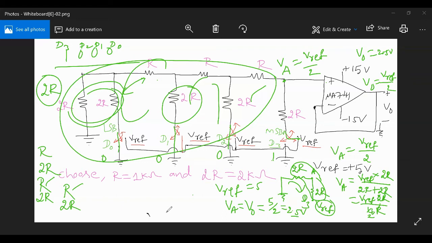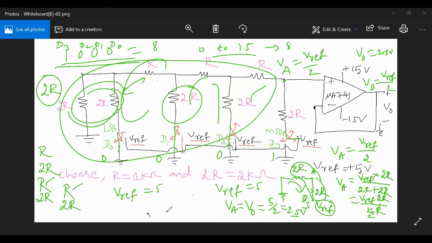Now, what is the input we have taken? We have taken 1000, whose decimal equivalent is 8. How many combinations are there? 0 to 15. What is the mid value in this? The mid value is 8. What is the reference value? The reference value you have taken is 5.